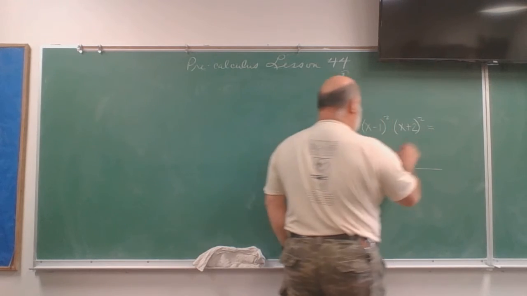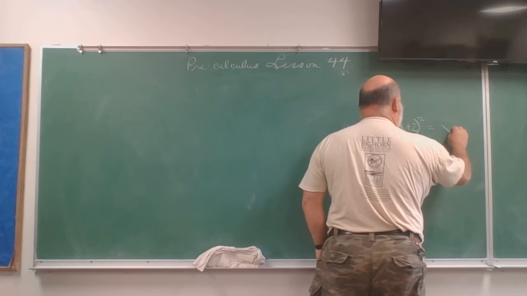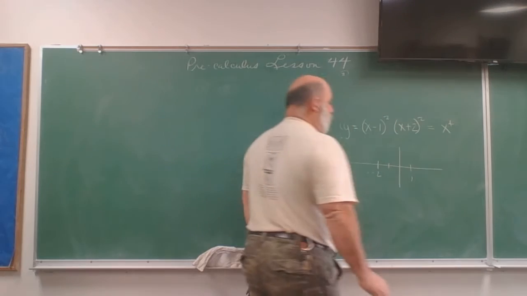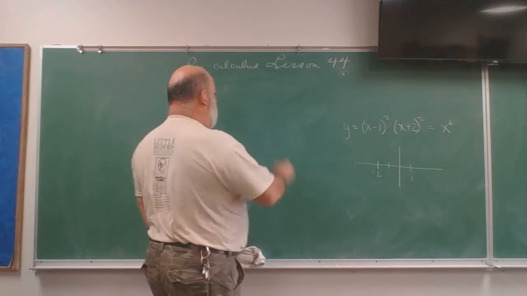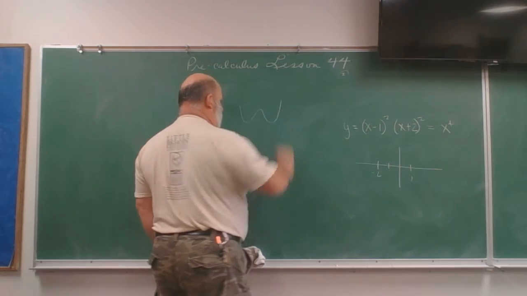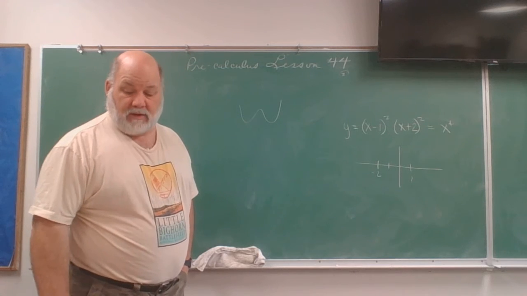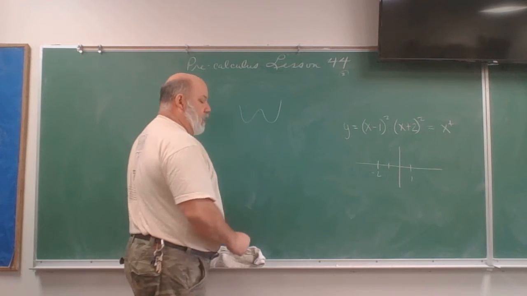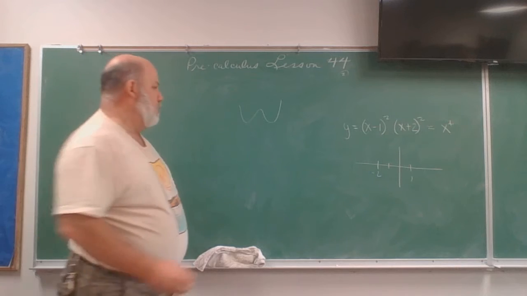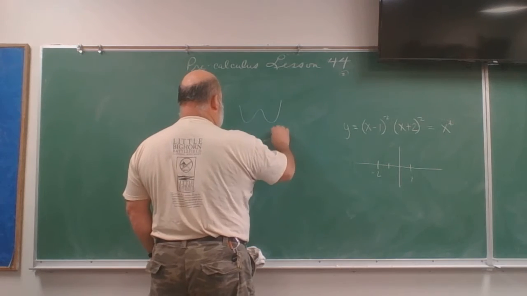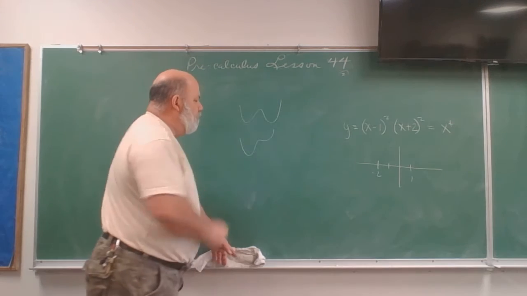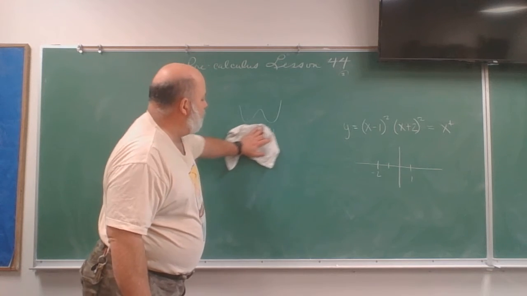If I were to multiply this out, I can tell you my very first term would be x to the 4th. So I know my graph is probably going to look something like that. It could look like this or other things, but the basic shape will look like that.